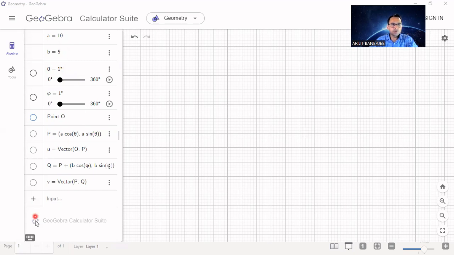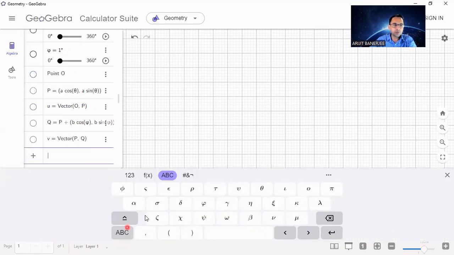As you know how to do it, you can just open the keypad and then set the corresponding parameters in the algebra view. So here you can just set a particular parameter, say for example A or B or theta or phi, and then set the corresponding values, so that I am not repeating this in this video. You can see how to do that in the earlier video on lesson 1.